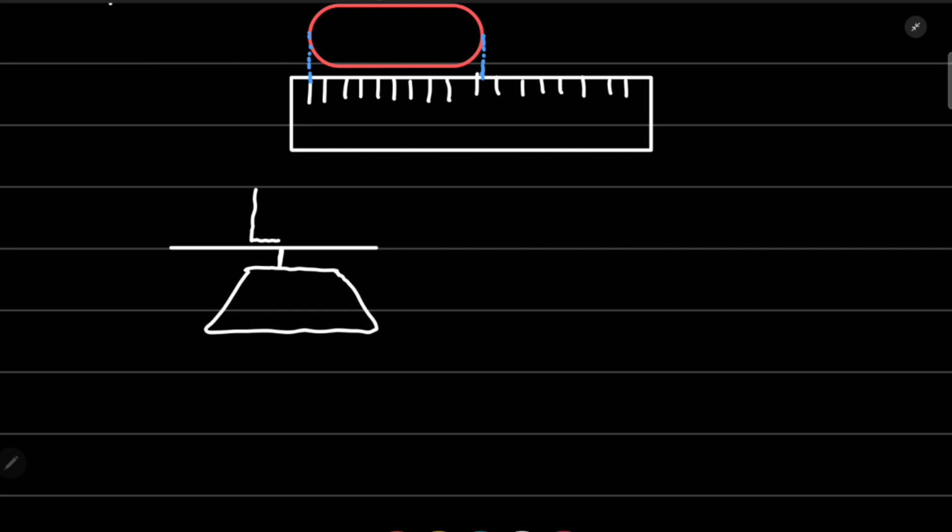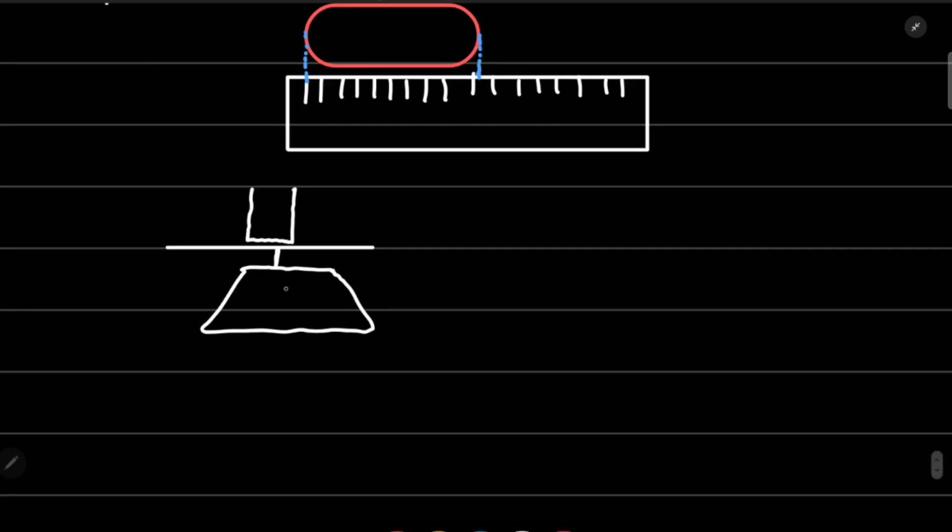So you can also think about the tare function. If you place something on a weighing balance and press the tare button, it will reset to 0. So this is the new 0. When you have this container over here, the reading shows 0. And if you add something to the container, the reading increases and becomes a positive value.